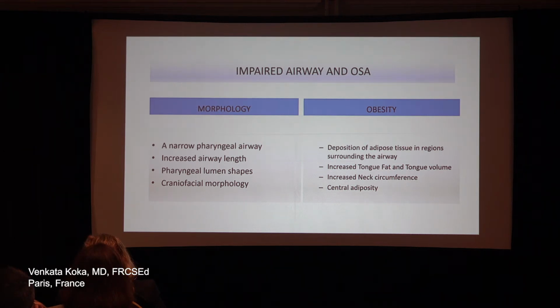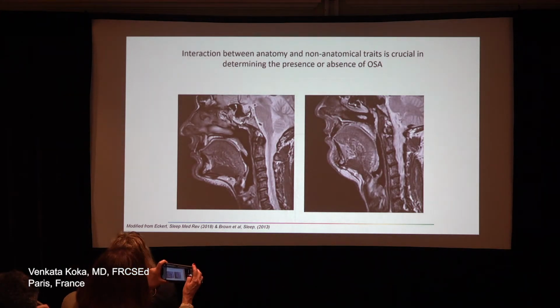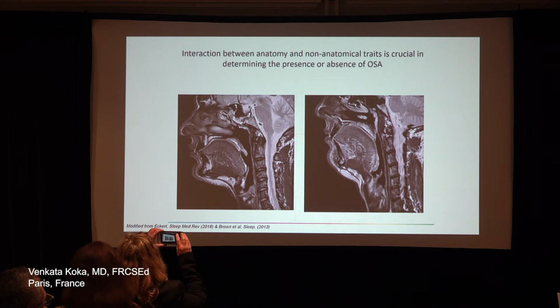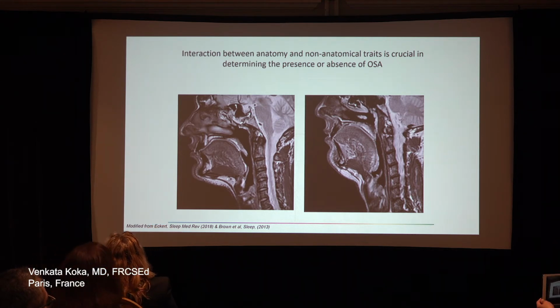You're looking in a static way. When you look at this panel, towards your right side, you see that narrow and crowded airway. We think that this patient has severe OSA because the tongue fat is high, the tongue volume is big, and the pharyngeal lumen is narrow. Do you think that he has OSA?